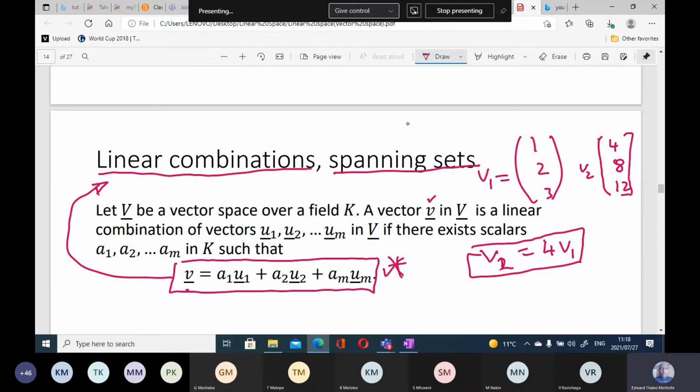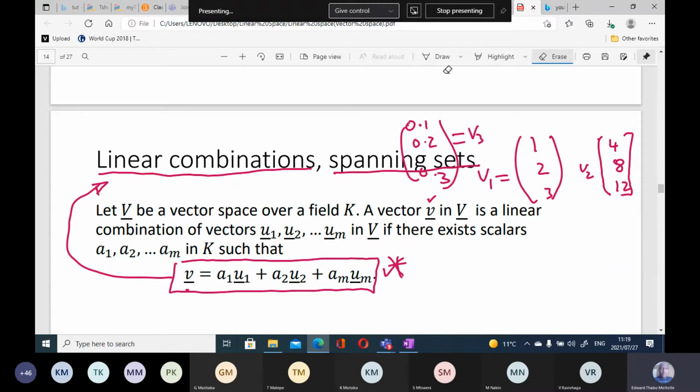Okay, let's say again we have 0.1, 0.2, 0.3. So this one we can make, let's say V3. I wanted something that you can do mentally without using a calculator, without doing computation. So I can ask you to write V2 as a linear combination of V1 and V3, that is alpha V1 plus beta V3.